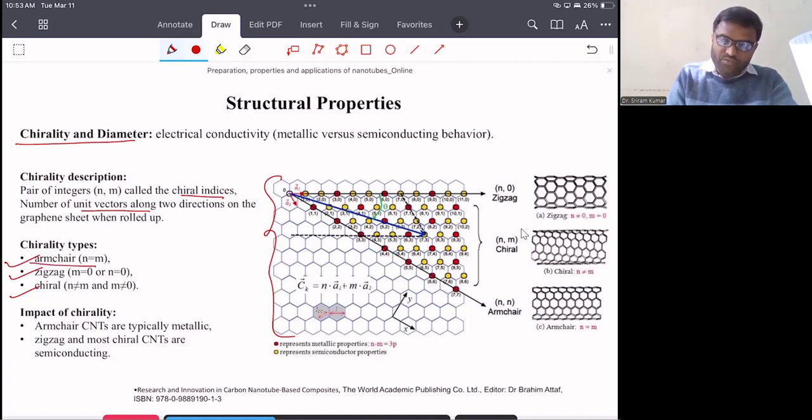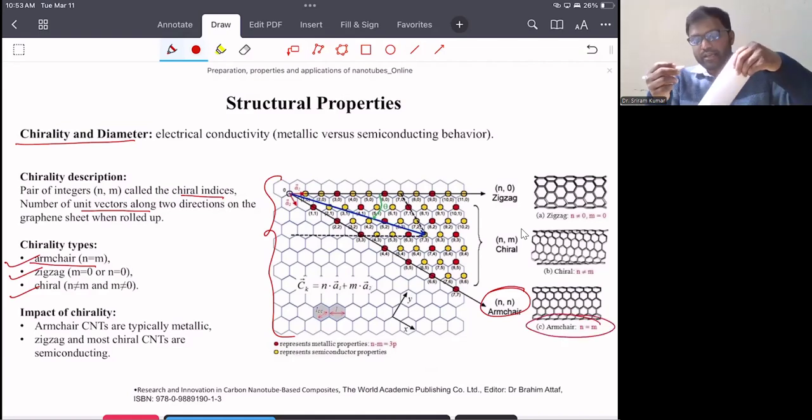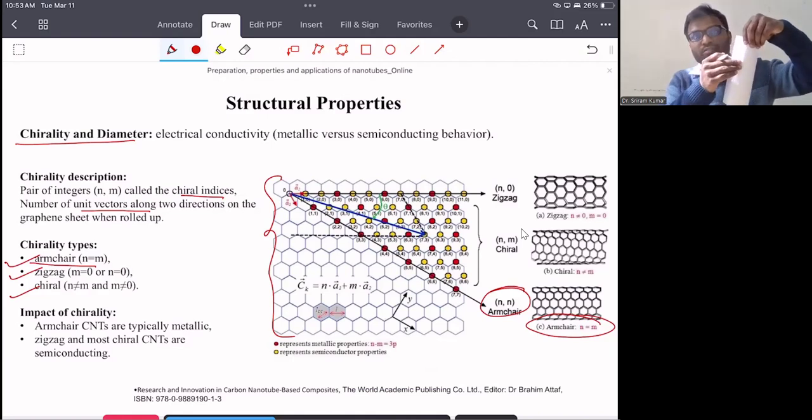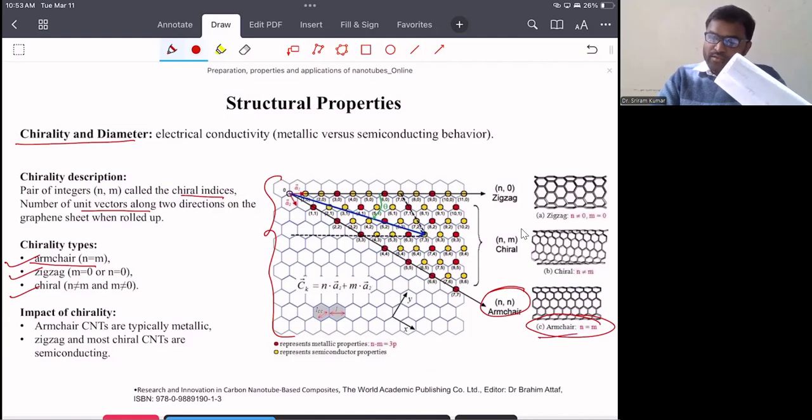In armchair, if you have these two vectors, n and m, both are equal. In armchair, we have an arm-like structure at this closing point. Because of this kind of closing, we define this one as the armchair.